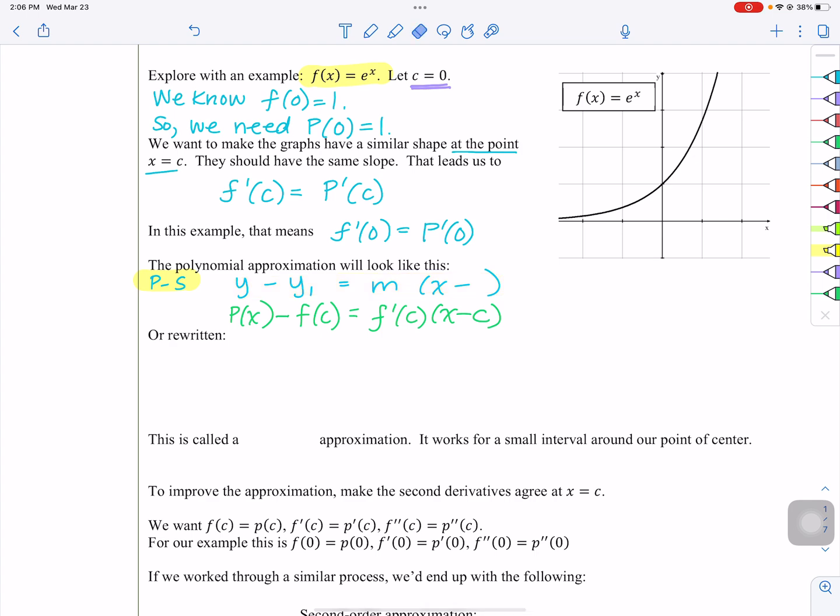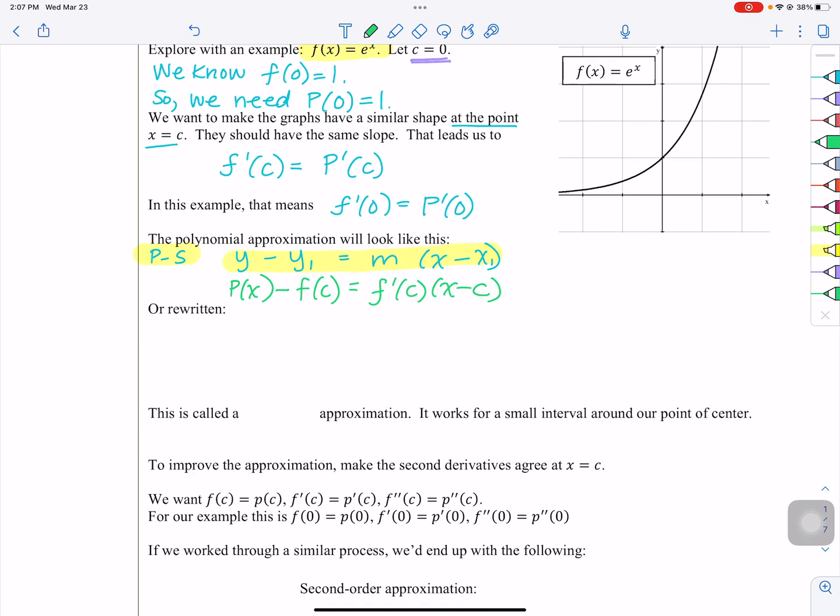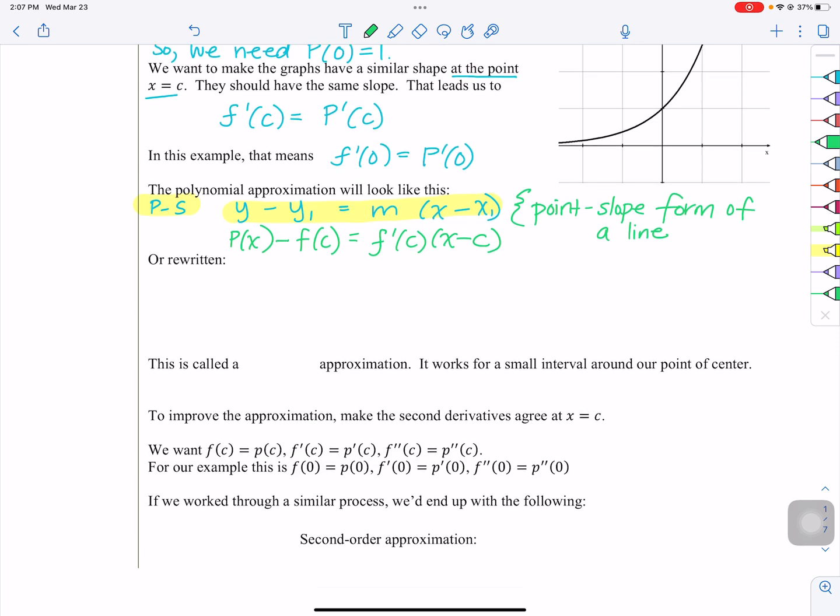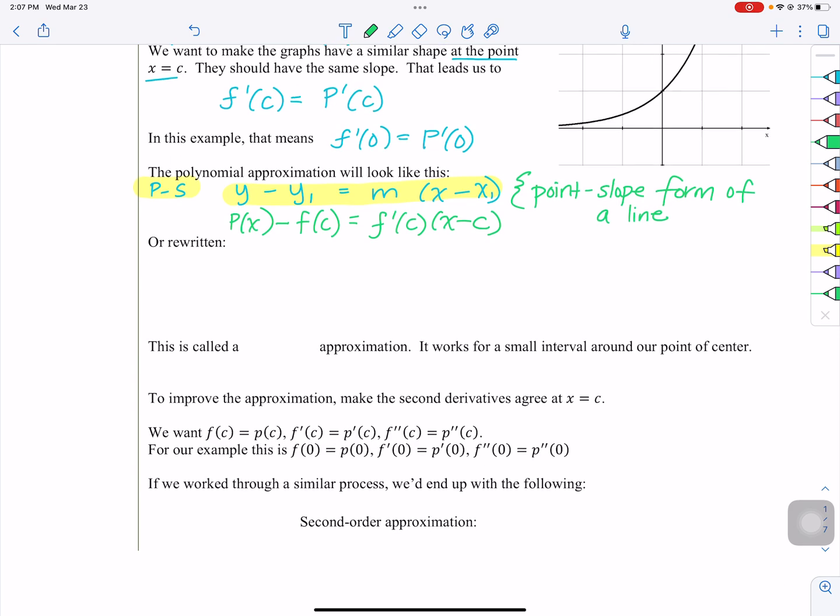I think this needs to be x1. And so that's the point slope form. Maybe I better write that out. Now, if we want to solve for that polynomial, we would add f of c to both sides. And now this is starting to look like something we're familiar with.